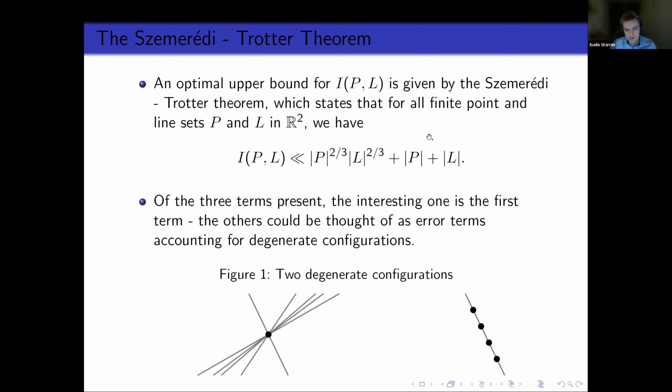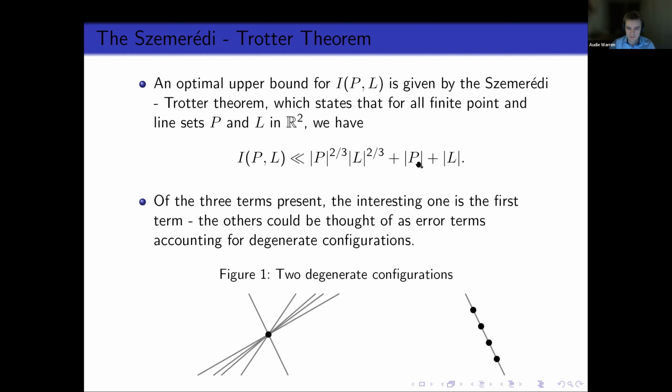Talking about this bound here, we are really interested in this first term, the |P|^(2/3) |L|^(2/3). If we were to look in the balanced case where the sizes of the point and line sets are roughly the same, this is the term which dominates clearly. And these two extra terms, plus |P| plus |L|, are dealing with degenerate cases.